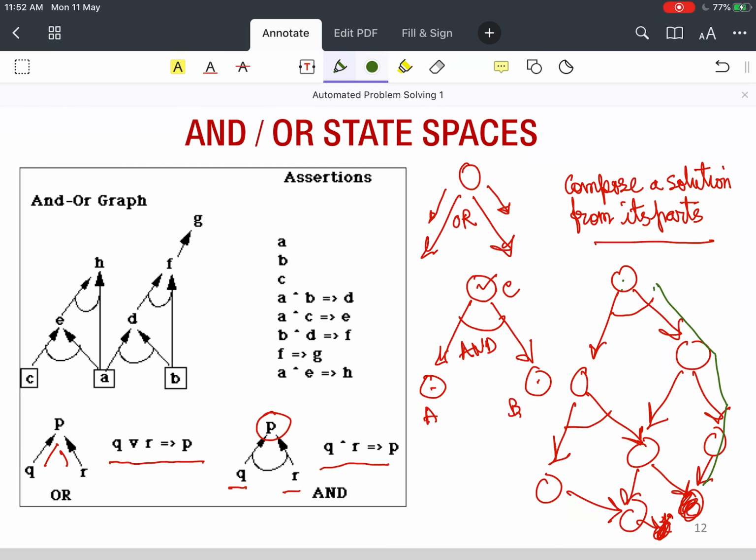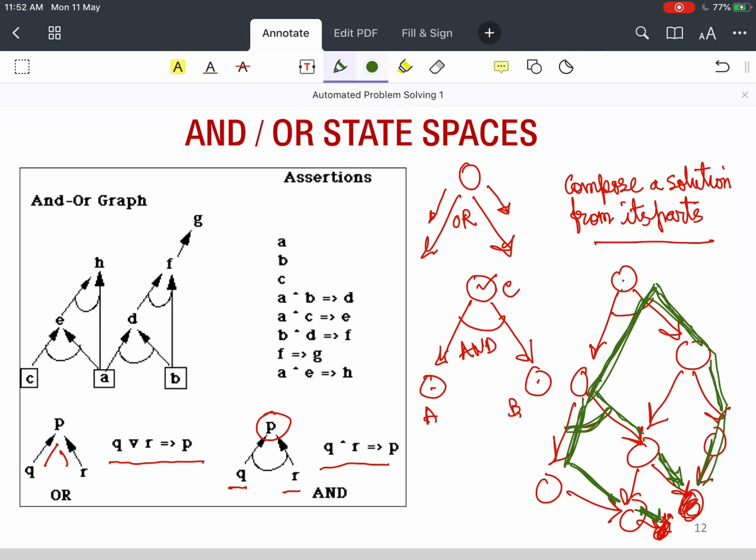And to solve this node, I need to solve both its successors. So I have to solve this successor. This is an AND node, so I have to solve this successor. This reaches this goal. From here, I can take this path. So this green solution now is my actual solution because now I have got AND nodes.